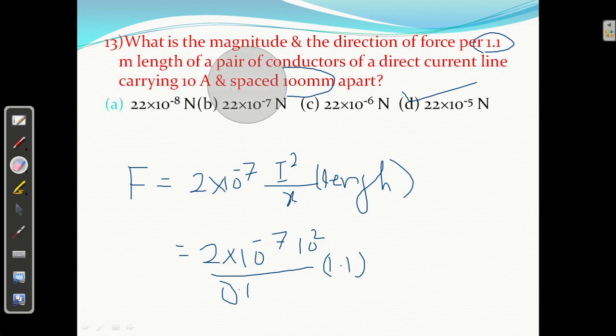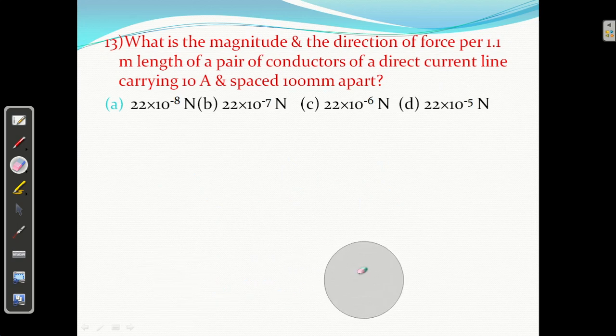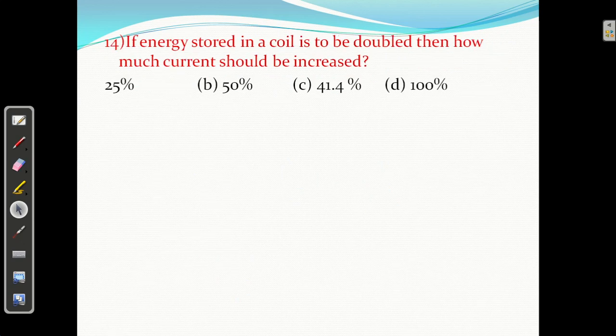Next is question number 14. What is question number 14? If energy stored in a coil is to be doubled, then how much should the current be increased?